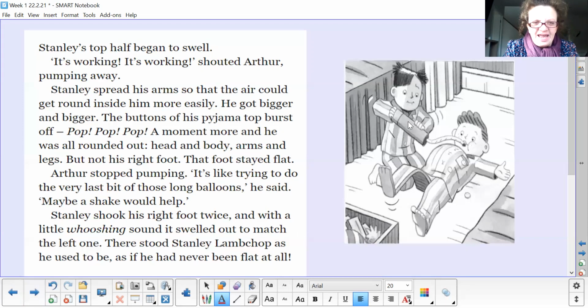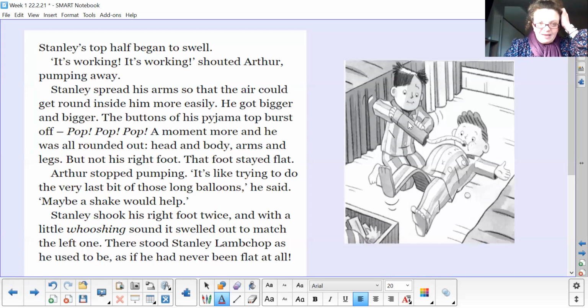That foot stayed flat. Arthur stopped pumping. It's like trying to do the very last bit of those long balloons, he said. Maybe a shake would help. Stanley shook his right foot twice, and with a little whooshing sound, it swelled out to match the left one. There stood Stanley Lambchop as he used to be, as if he had never been flat at all.